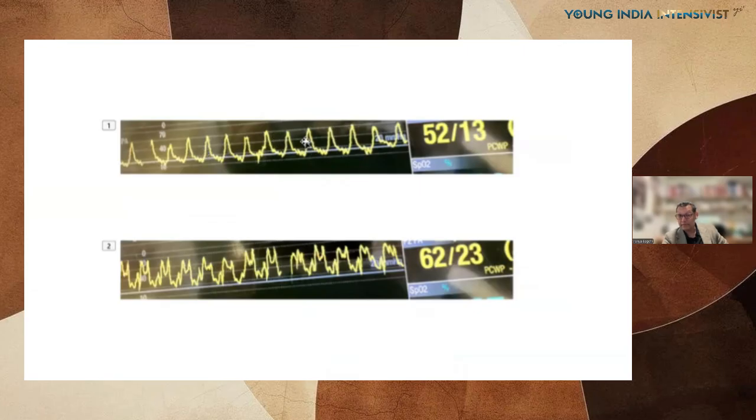The mean left atrial pressure is the mean area under the curve, which is much higher. The LV end-diastolic pressure is here, where it says 20, but the peak of the V wave goes up to 50 or 60. I think it's 50 because it says 52 here. So that's the mitral regurgitation component.